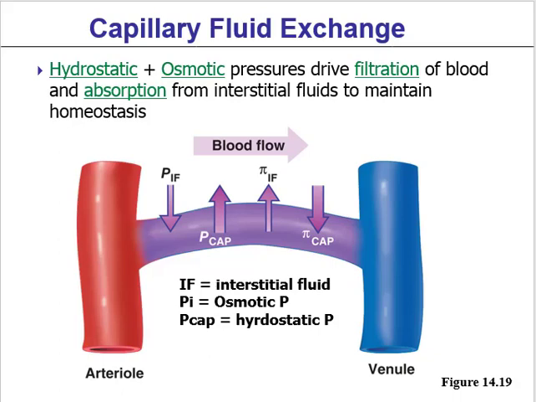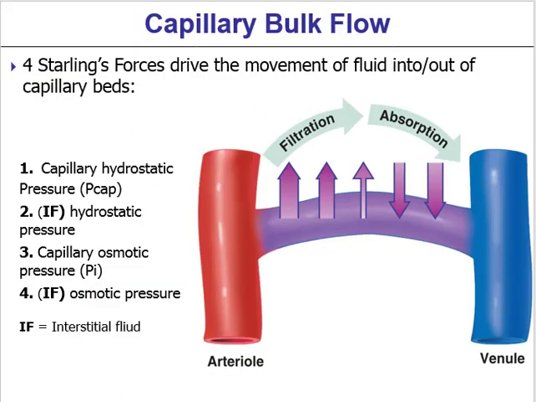These membranes act as a filter. Filtration, by definition, is the process of pushing fluids across a semi-permeable membrane from areas of high pressure to low pressure. This is still considered a passive process and does not require any energy from the cell. As the pressure drops from left to right, 38 millimeters of mercury to 16 on the venule side, the process of filtration and then absorption can occur.